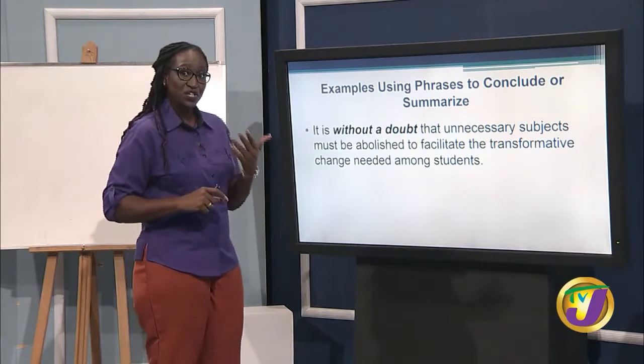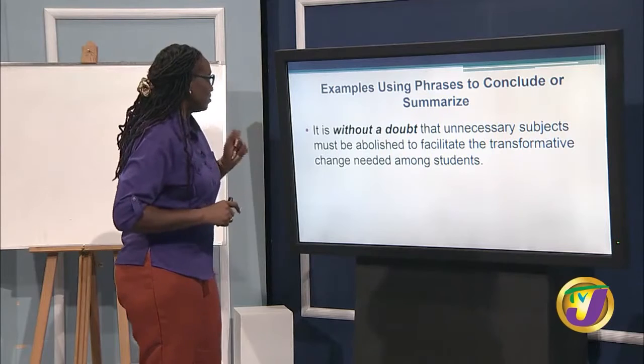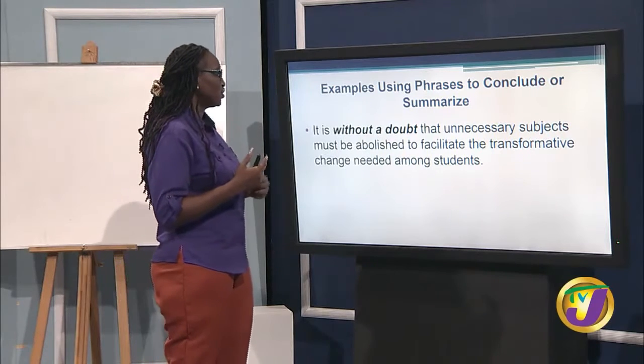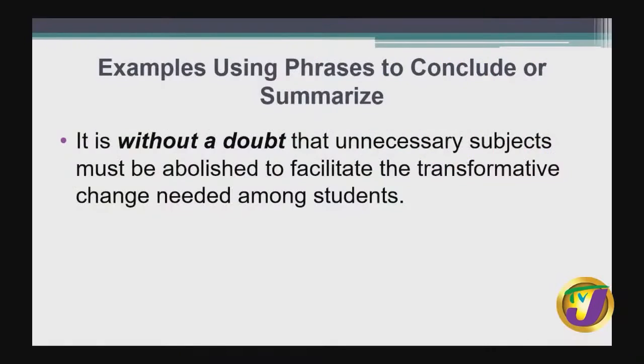It is without a doubt that unnecessary subjects must be abolished to facilitate the transformative change needed among students. Now look at that. You have used "without a doubt." What is that similar in meaning to? It carries the same idea as "obviously," doesn't it?